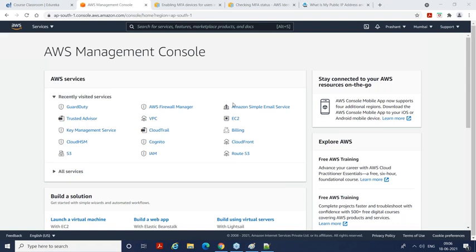Firstly, answering a question from today's session, the KMS and CloudHSM difference. Vijay Lakshmi, answering your question. KMS is where AWS says that we will manage the underlying infrastructure. You don't have to worry about server management. You don't have to worry about cryptography or lifecycle management. You just tell us whenever you require a key, you place your order and you get your encryption key. Use those keys to encrypt your data. That is your KMS.